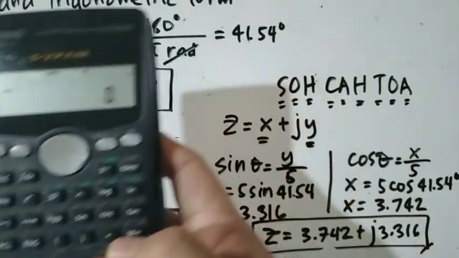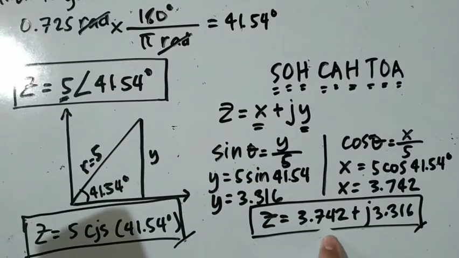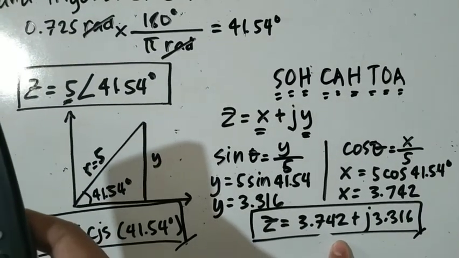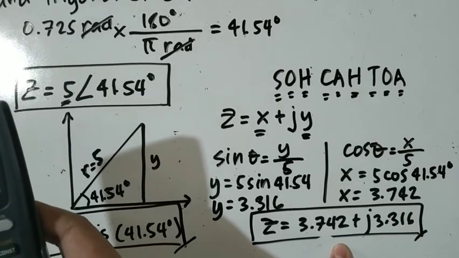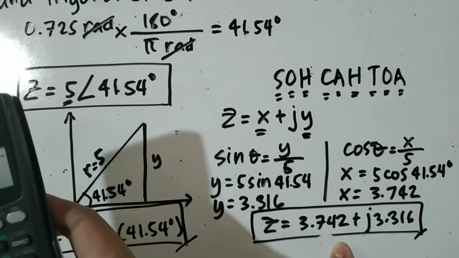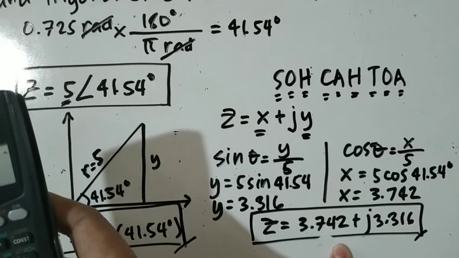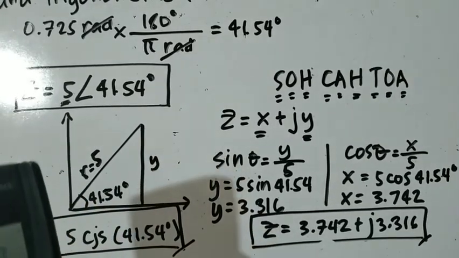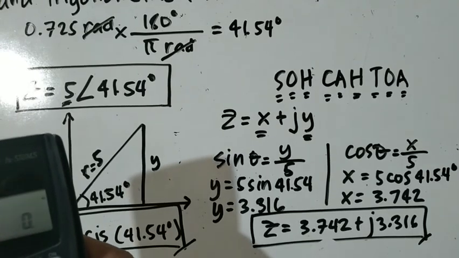And then same thing if you need to convert a complex number in rectangular to polar. Let's say we will convert this one to polar. Of course it will not be exact because of rounding off.